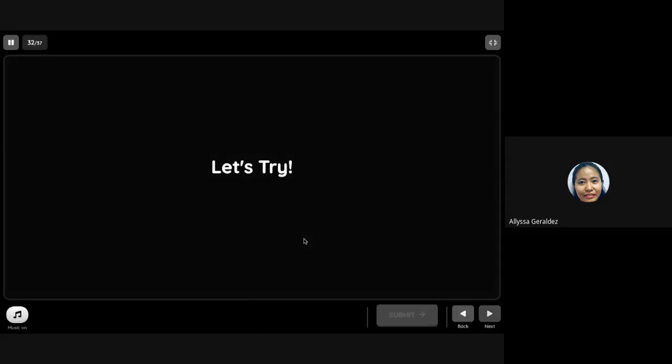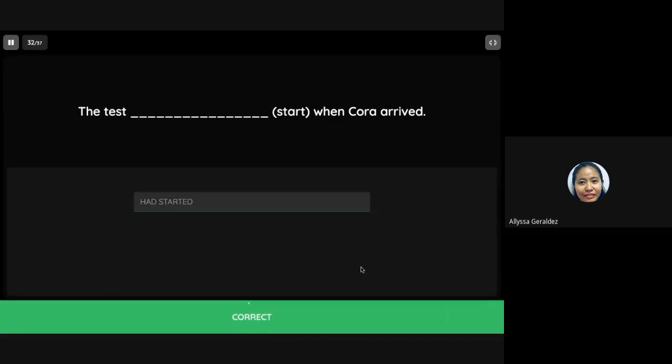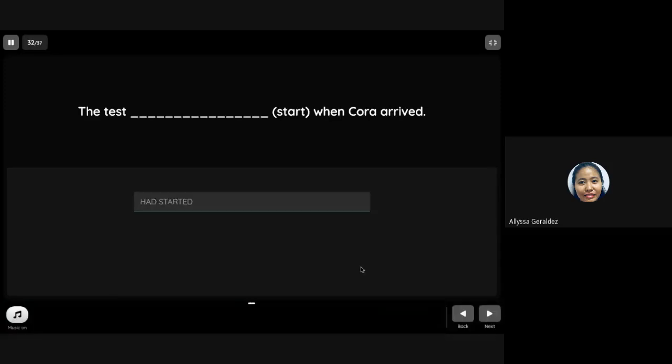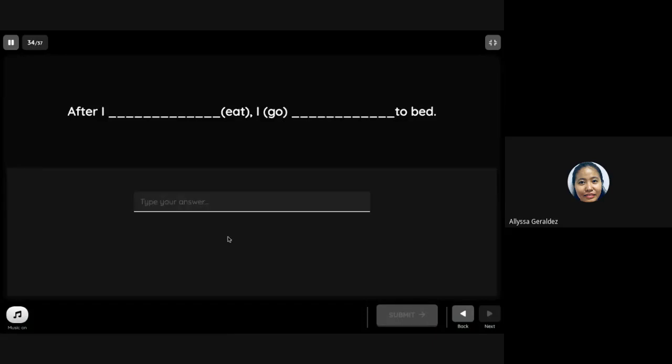Okay, let's try. The test had started when Cora arrived. Wow, nice try. Before I watch TV, I had studied my lessons for the next day. After I blank, I go to bed. After I had eaten, I went.